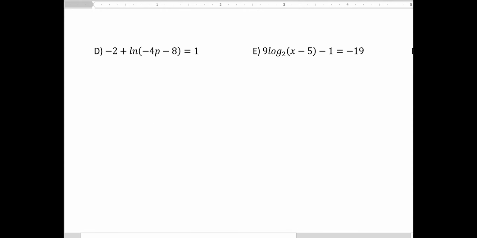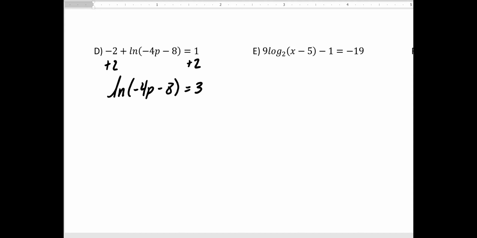Let's see what we have going on here. Negative 2 plus the natural log of negative 4p minus 1 equals 8. Okay, so I've got to isolate my logarithm. So I'm going to add 2 to both sides. Got a little step ahead of myself here. So I'm going to have natural log of negative 4p minus 8 equals 3. So I'll say e to the third equals negative 4p minus 8 when I convert it to exponential form.